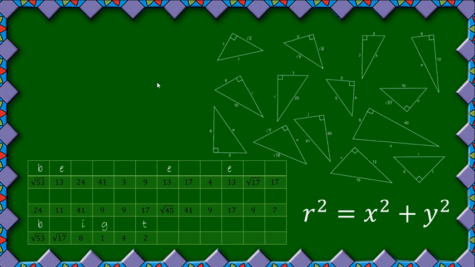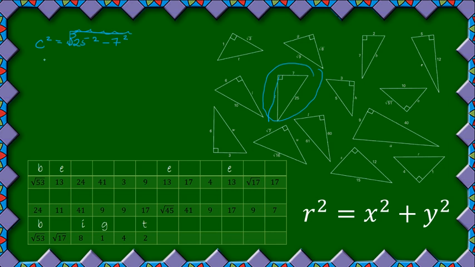Alright, so next up we've got this one. That's a C, and this C is a short side, so we've got C squared is equal to the long side, 25 squared, minus the other short side, 7 squared.